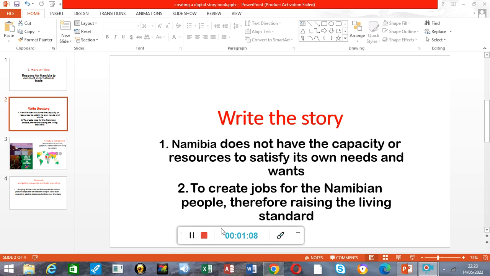In whatever digital story that I'm creating, my audience has to see that Namibia does not have the capacity nor the resources to satisfy its own needs. In my story, the audience has to see the need for international trade, because there is a need to create jobs for the Namibian people. Therefore, these factors have to be brought into life.